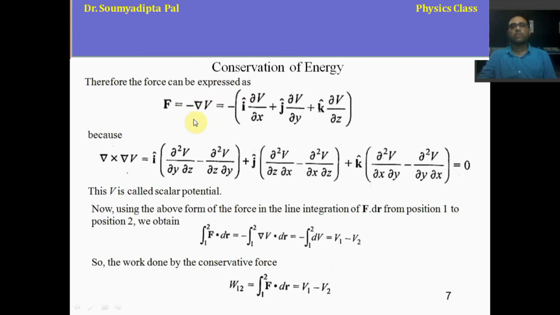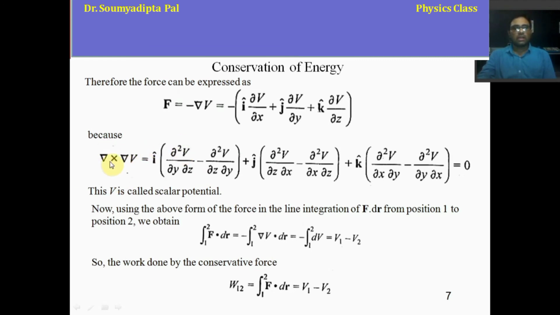When we normally put the minus sign, we discussed in the last class: if the change direction of the potential is opposite to the direction of the force, then we use this minus sign. We have discussed this example in electric field and electric potential, so please see that lecture.